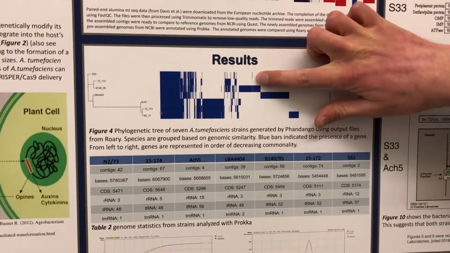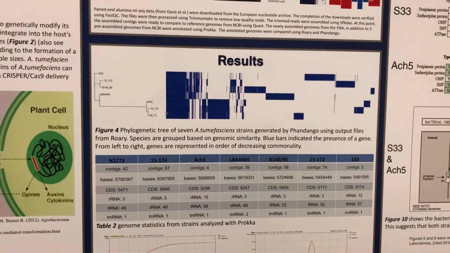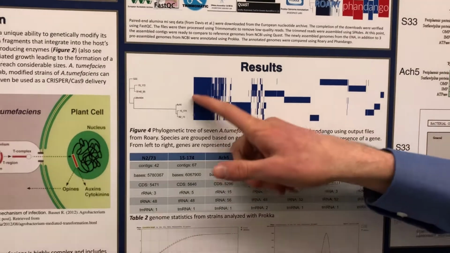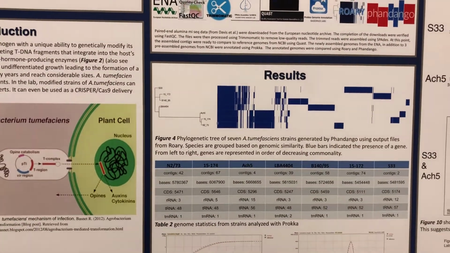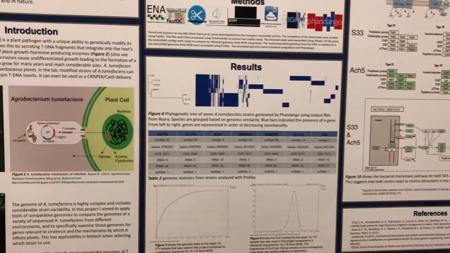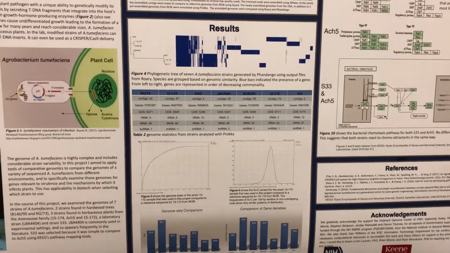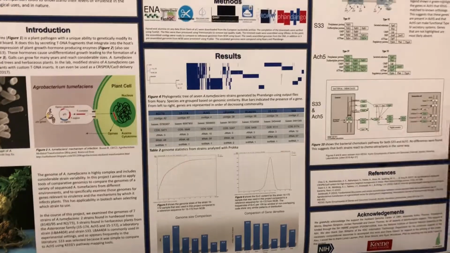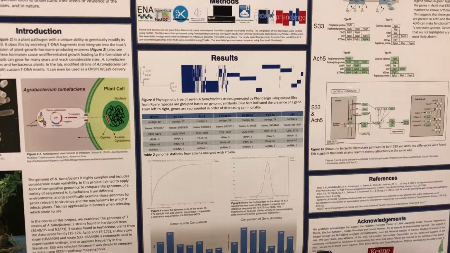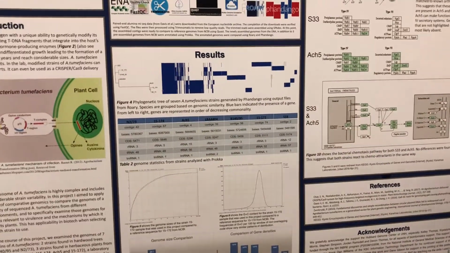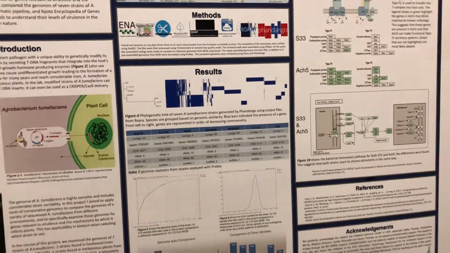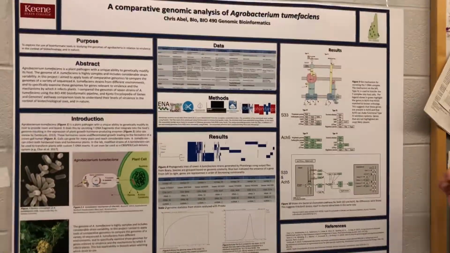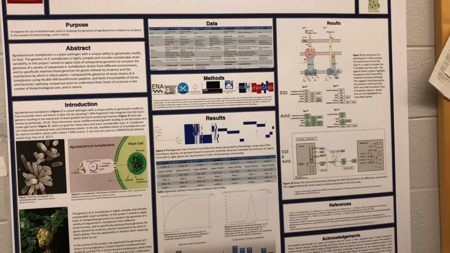Each blue bar represents a gene, and these blocks have many genes all grouped together, and they are shown from left to right in order of decreasing genomic similarity, of increasing commonality.